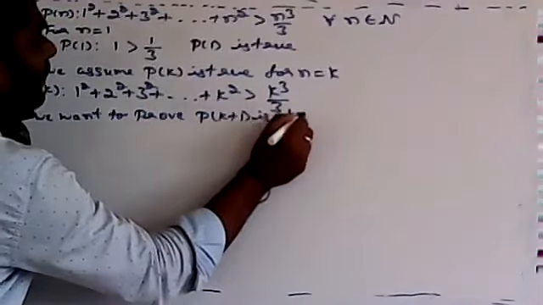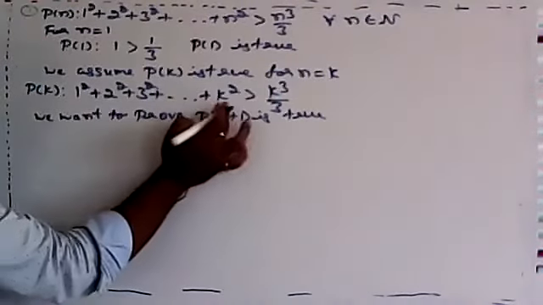Next, we want to prove that P of k plus 1 is true whenever P of k is true. Correct or not?